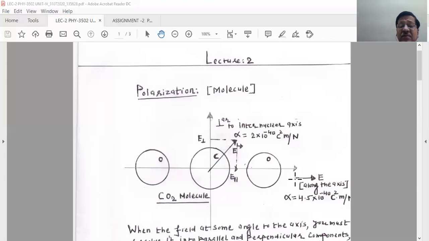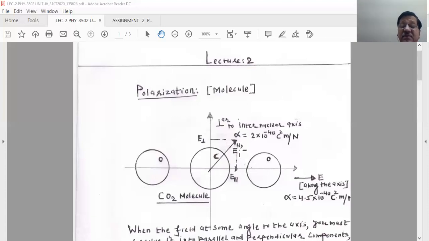At the same time, you can also apply your electric field making an angle theta with the internuclear axis. Look at this: this is the axis along which you apply your electric field, and it makes some angle theta with the internuclear axis.